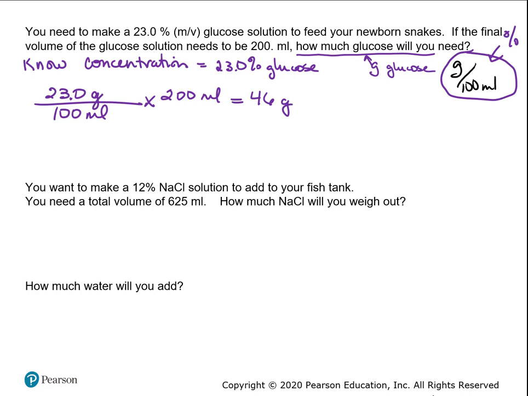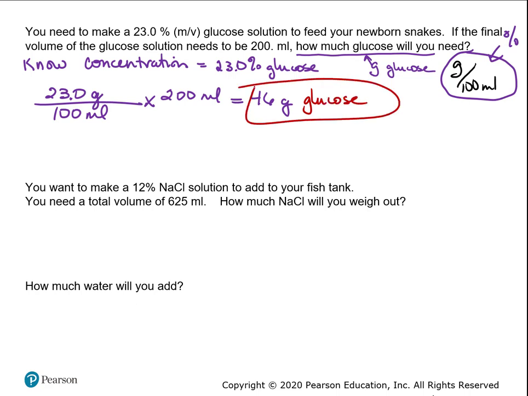It should be 46 grams. Yes? 23.0 times 200 divided by 100, you should get 46 grams. Now, this is grams of glucose. So this is my answer, right?